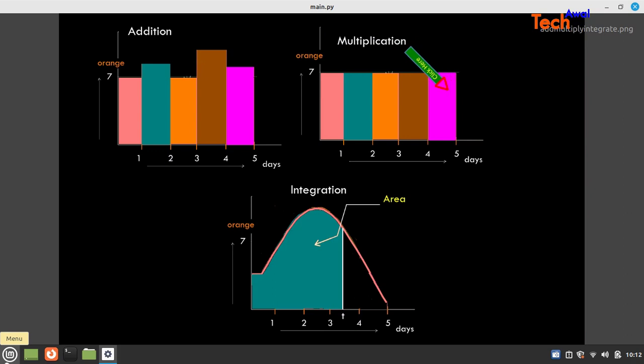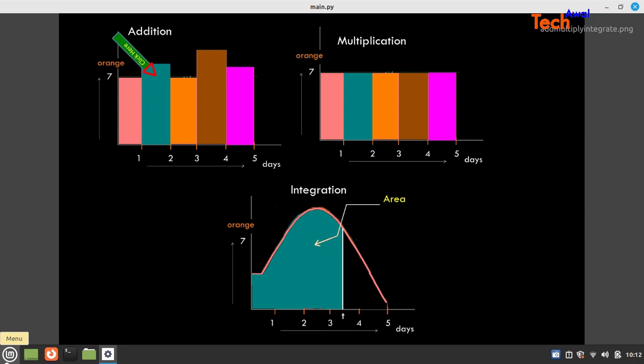So this is addition. In multiplication, the height should be the same. If you want to multiply for 5 days, it will come to 7 into 5. As we learned, multiplication is nothing but bigger addition. If we have 7 oranges collected each day, 7, 7, 7 for 5 days, it will come to 7 into 5. Or we can go for addition: 7 plus 7 plus 7 plus 7 plus 7.